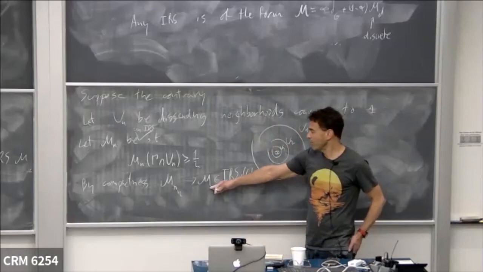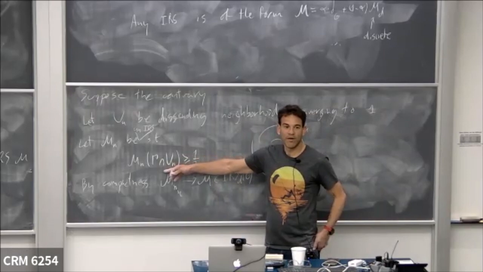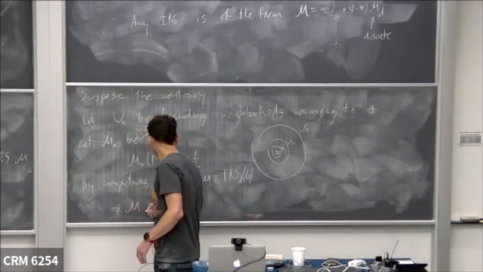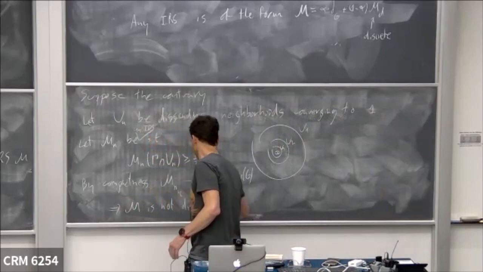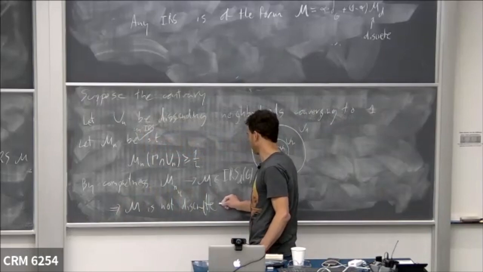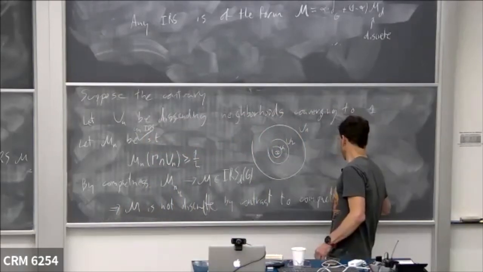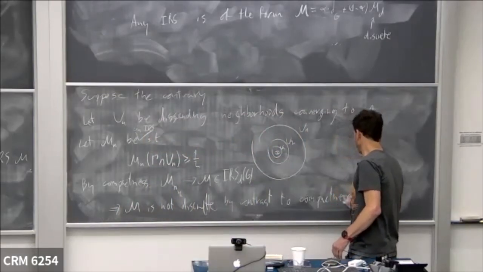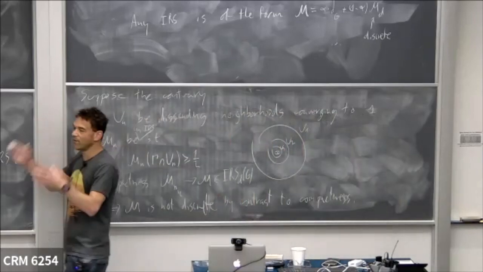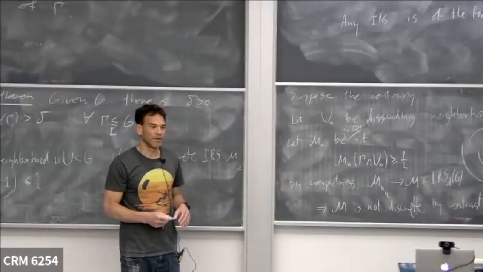Now mu has this property with every open subset. This implies that mu is not discrete, so this contradicts compactness. It cannot be supported on discrete subgroups because it intersects every non-trivial neighborhood non-trivially.